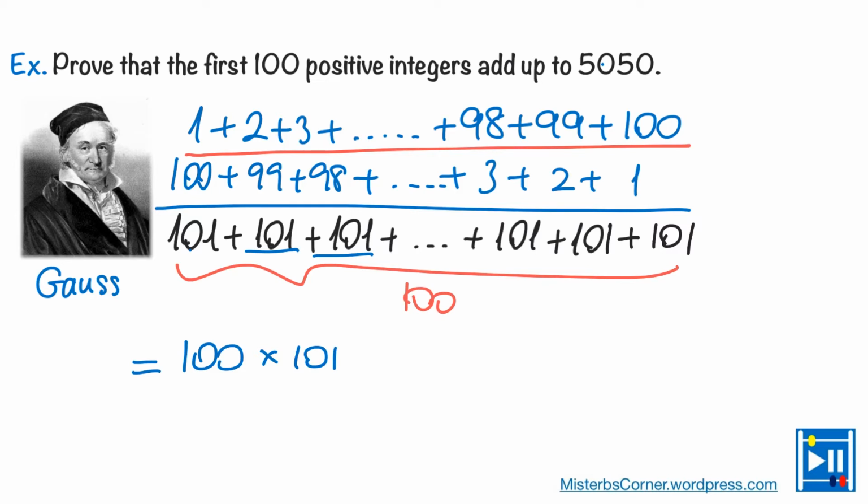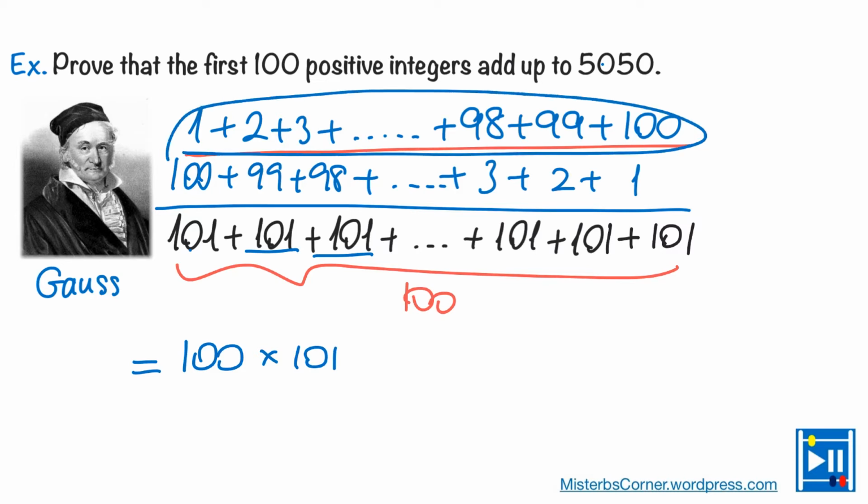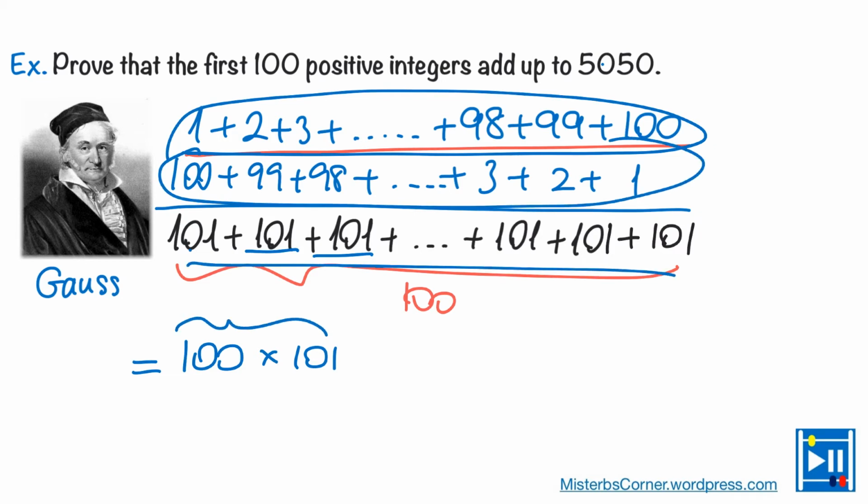Now the problem is I have two of the same series added here when I write 100 times 101. So I must divide it by 2. So you end up, when you calculate, that this is going to be 5050.